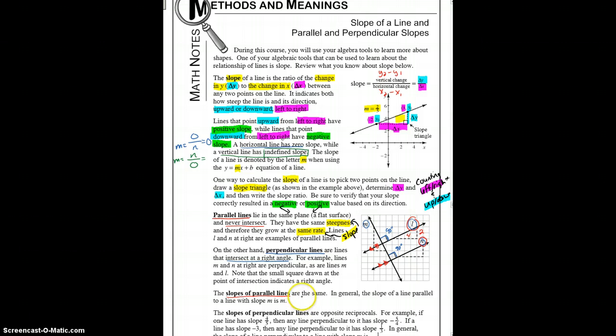So my change in y is 2, my change in x is 4. The slope of N, 1, 2, 3, 4, its rise, 2. So again, I get 2 over 4. So this means same slope. Their fractions, or your answer after you find your change in y over change in x, should be the same.